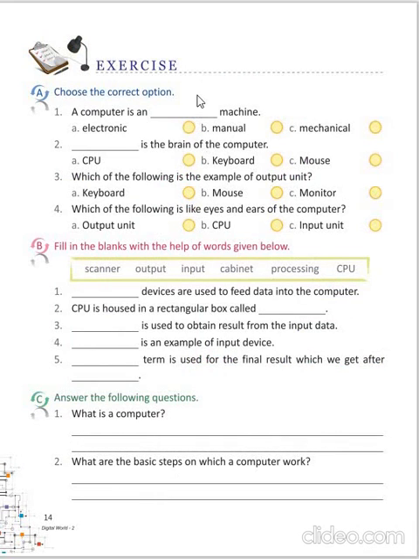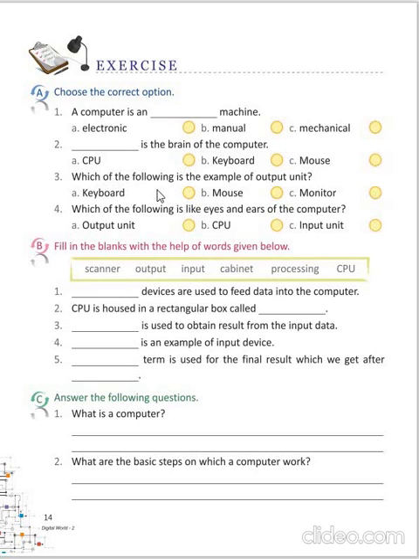Now let's come to the exercise. Come to A here. You have to choose the correct option. A computer is an electronic machine. CPU is the brain of the computer.